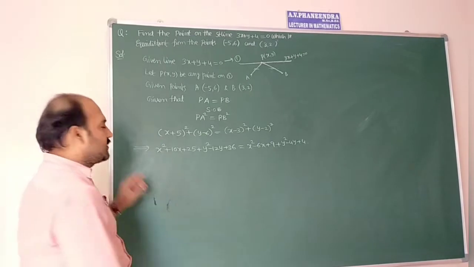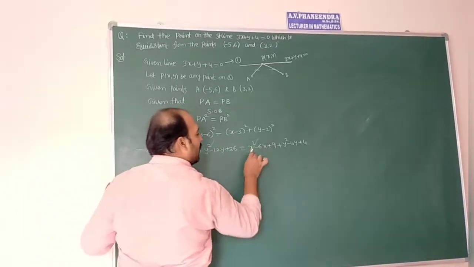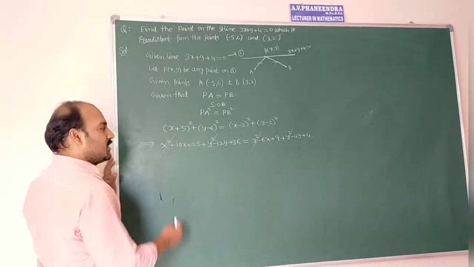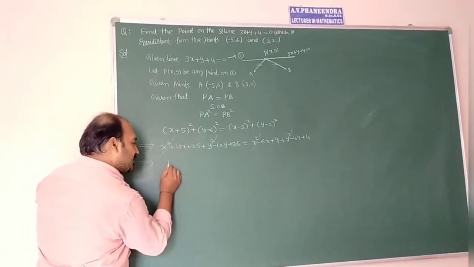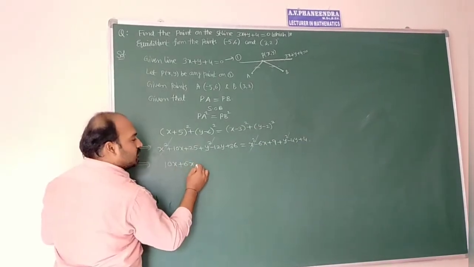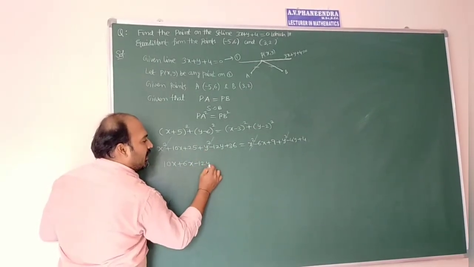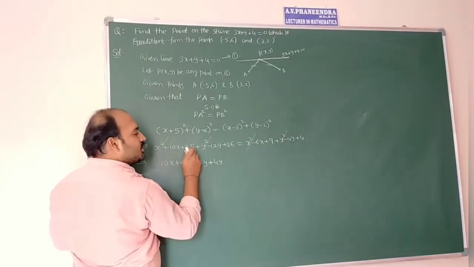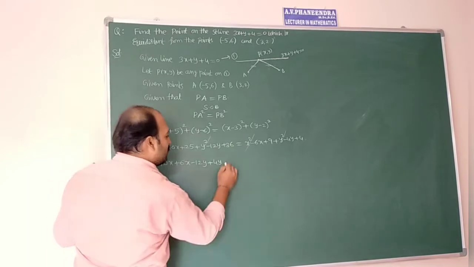On both sides, we cancel x square plus y square. After that, we take these values to this side. First the x terms: 10x minus 6x, you can take this side as plus 6x. Next the y terms: minus 12y and here minus 4y, we can take this side as plus 4y. 25 plus 36 is equal to 61 here.